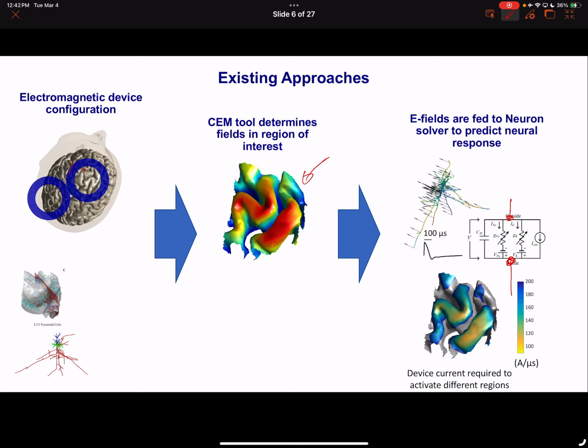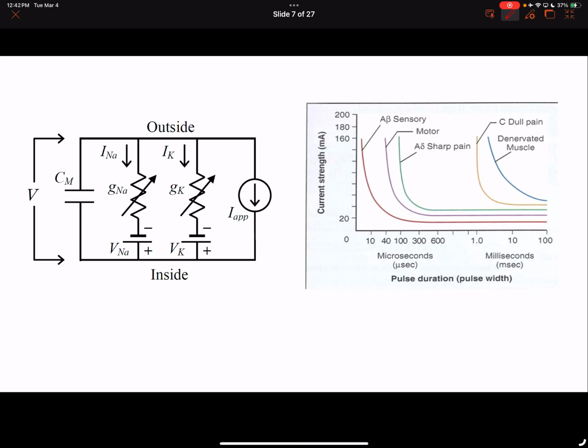From this, you can already get some intuition, because the circuit here, your model for the neuron, is actually a capacitor in parallel with a bunch of resistances. So it's just an RC circuit.